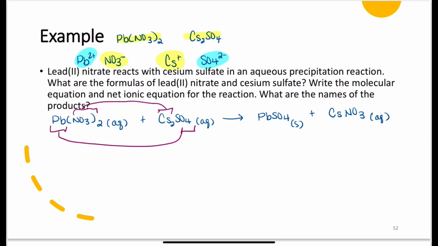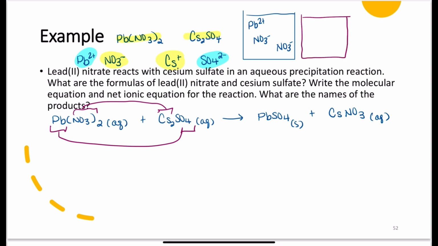I know the question doesn't ask for it, but if I had drawn the particulate diagram, what I would have here, in beaker 1, Pb2 plus for every 2 nitrates. In beaker 2, 2 Cs pluses for every 1 SO4 2 minus.